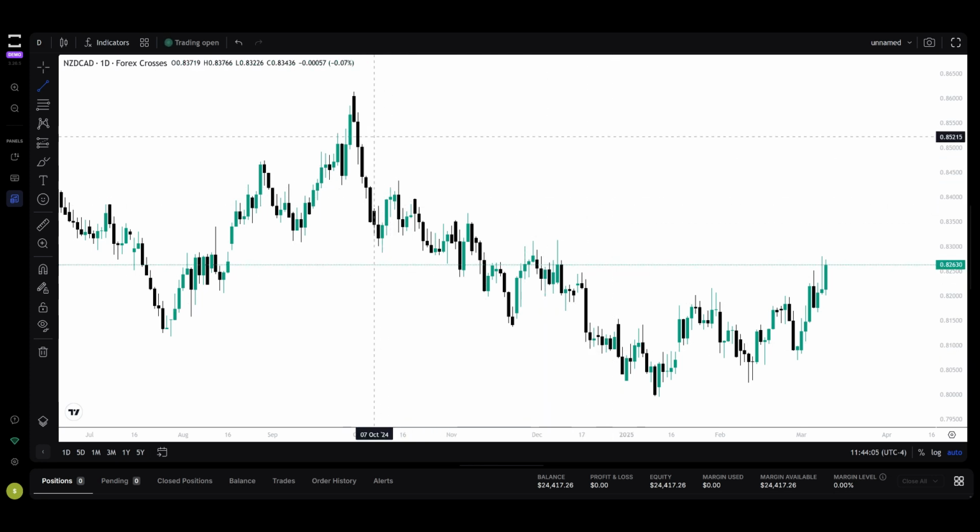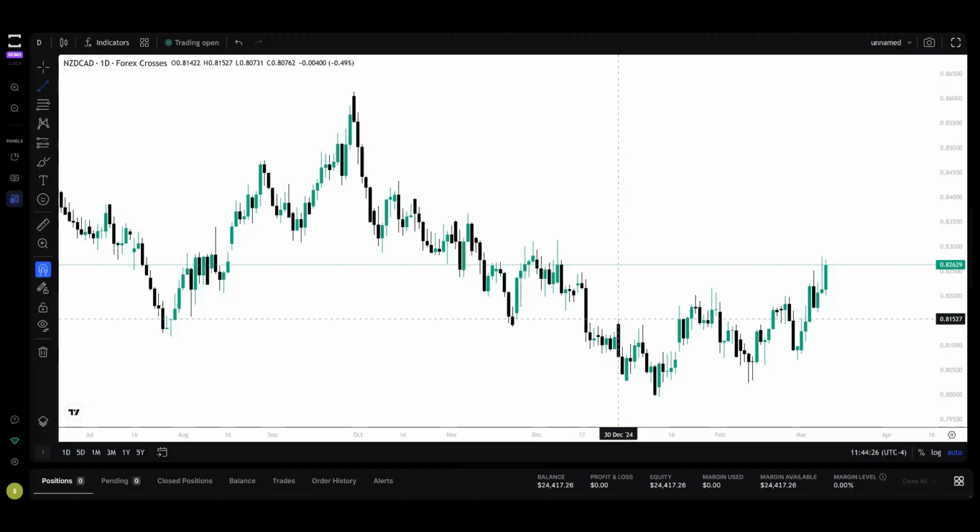So price had been in a sell program up into the beginning of this year. And then we had a nice market structure shift bullish right here on this candle. So that's later in January 20th. Market structure shift and break on that day.